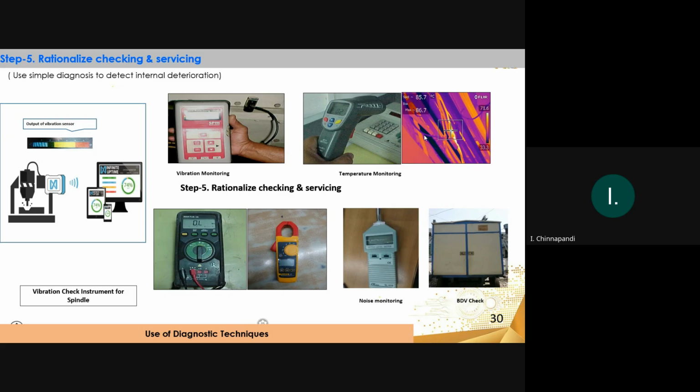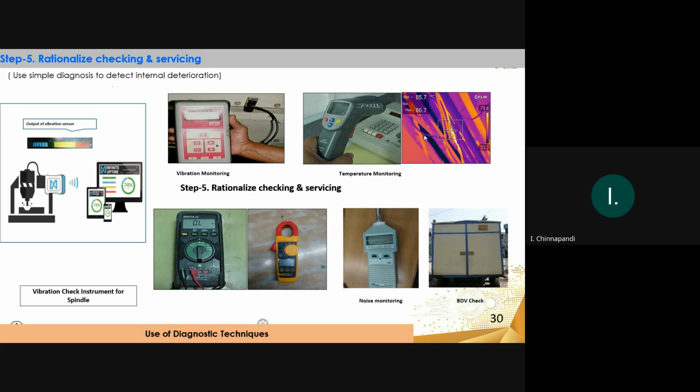So we can immediately come to know, plan it, stop the equipment and correct it so that it cannot damage further. So this is called spindle vibration. Spindles are supported by bearings, and only if there is any abnormality in the bearings does it vibrate. This is one, the vibration, and the other is the temperature.